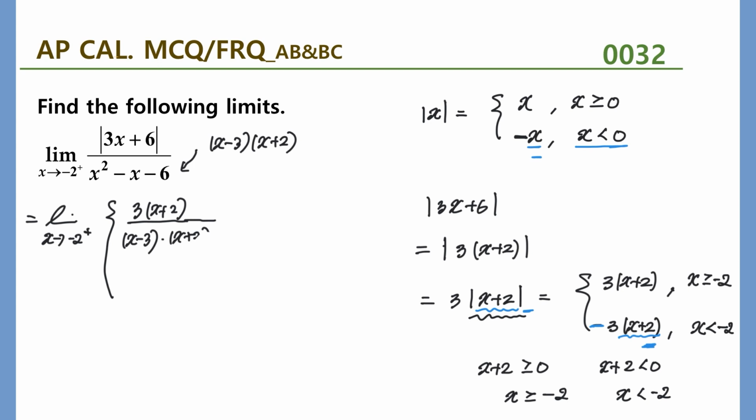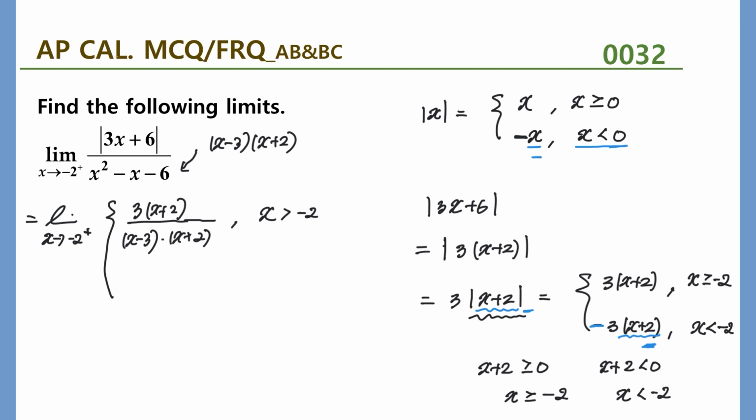If x is greater than negative 2, x cannot be equal to negative 2, because then our denominator will be equal to 0. So when x is greater than negative 2, we have this expression right here.